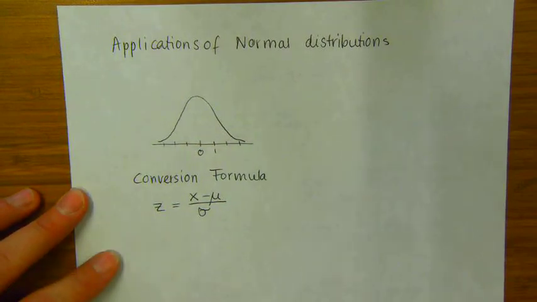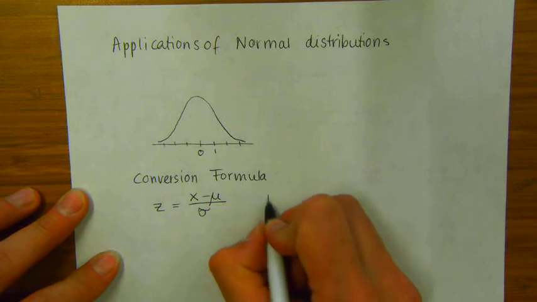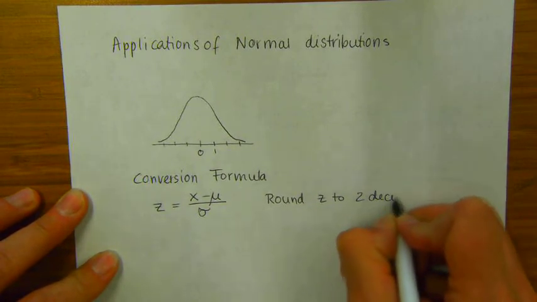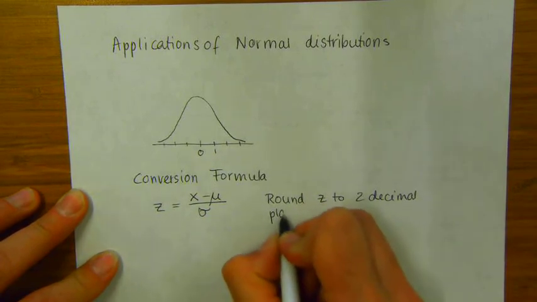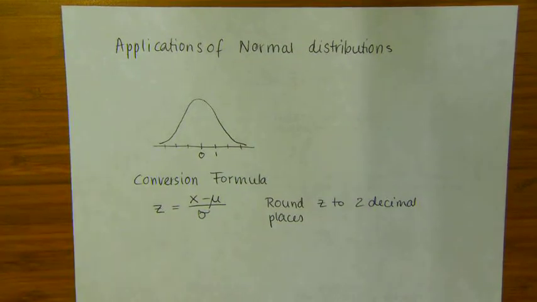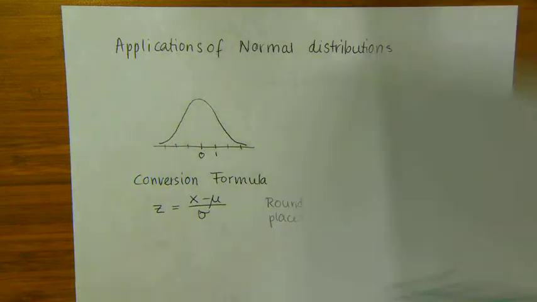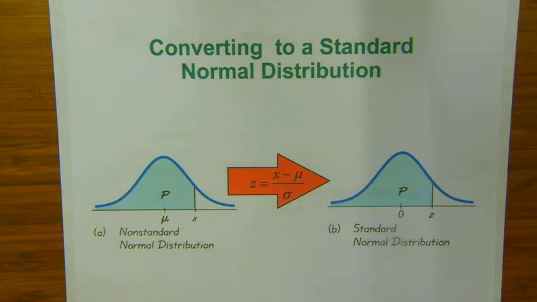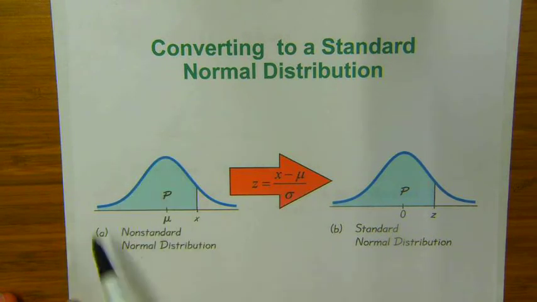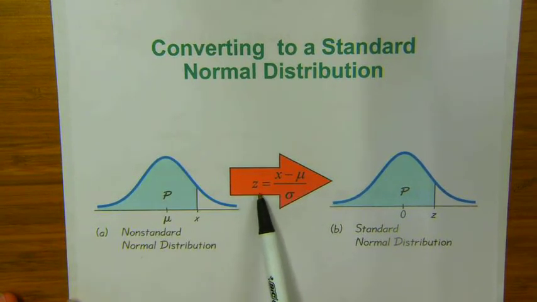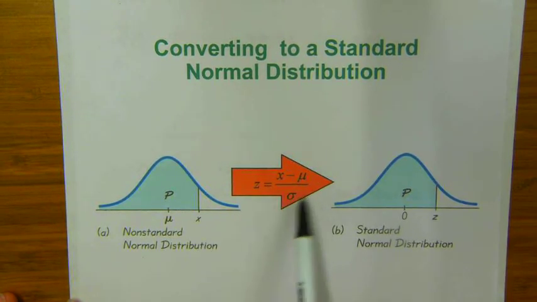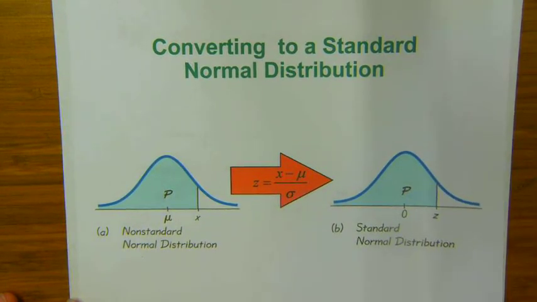And then we always round z to 2 decimal places. So in essence, we're taking our non-standard normal distribution and applying this conversion formula: z is equal to x minus mu divided by sigma, and we change it to a standard normal distribution.